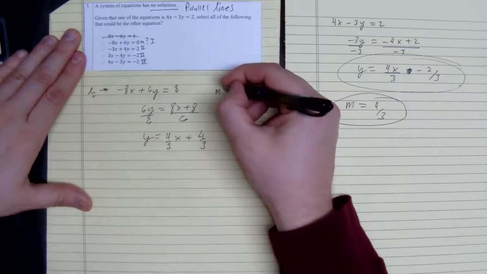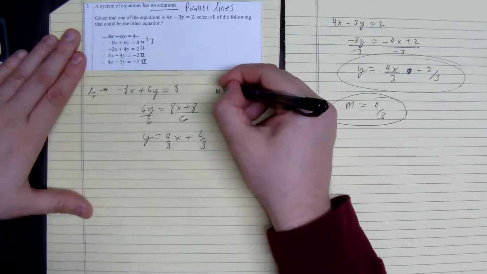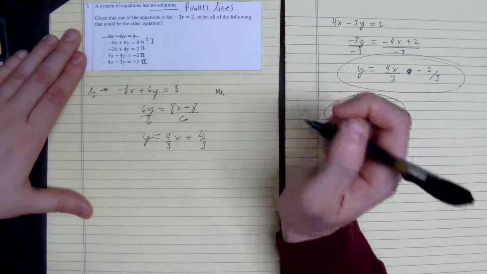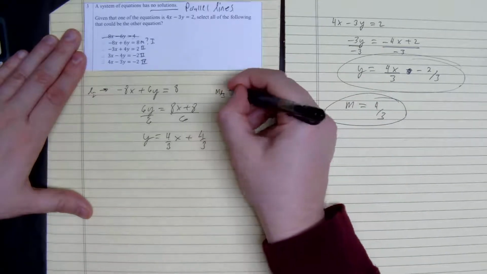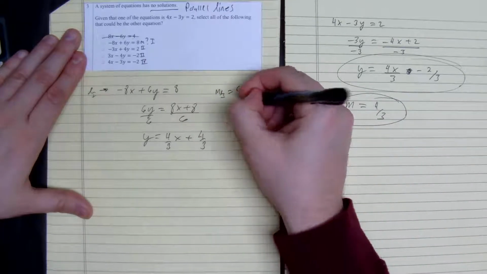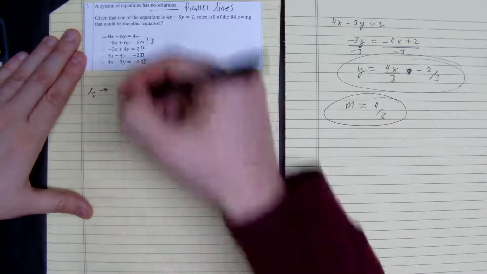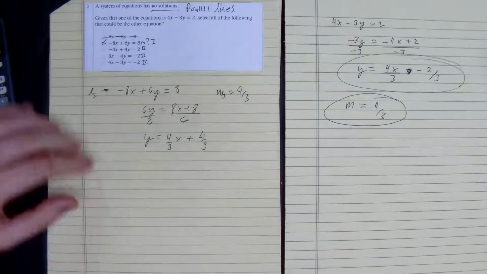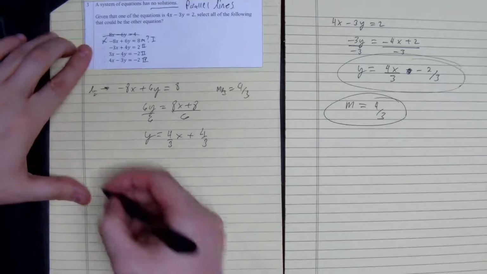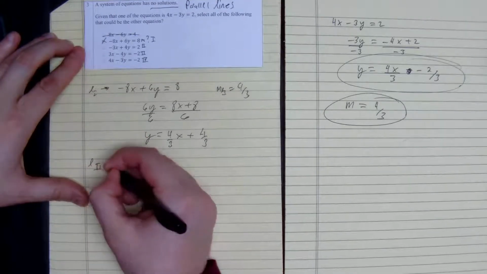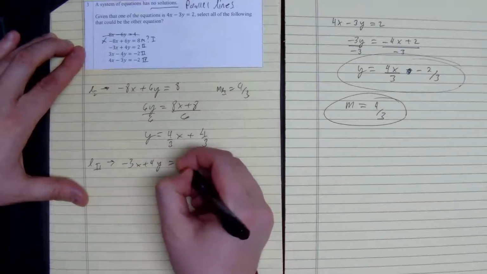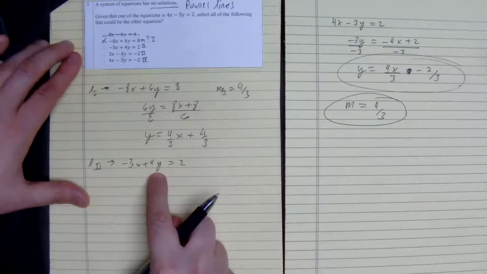The slope of line 1 is equal to 4/3. So our first solution here would be this one, because they have the same slope, therefore they can't intersect. Let's try line 2 now. We want to isolate y to find the slope.